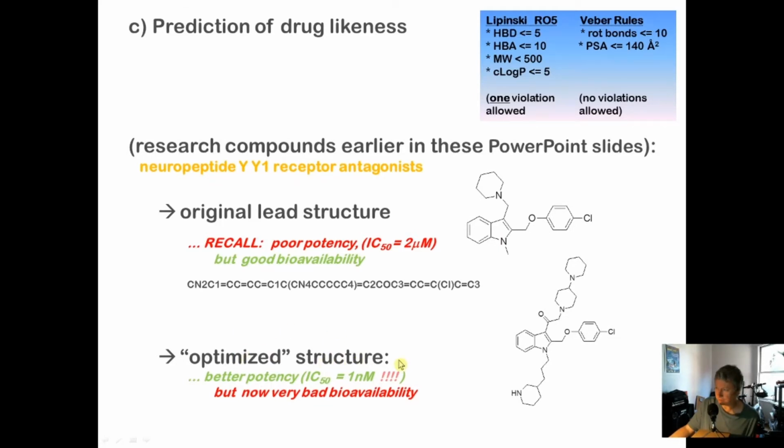Okay, and so then we have the optimized structure. So this has a very good IC50 in terms of inhibiting the receptor. 1 nanomolar will inhibit the receptor, but it has very bad oral bioavailability. So I have the, let's see, oh, there's the SMILES.